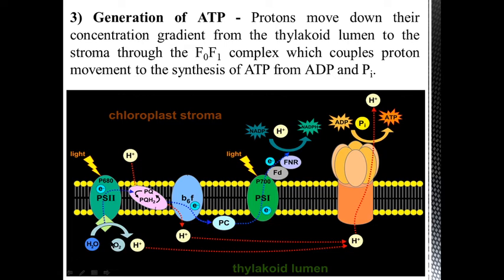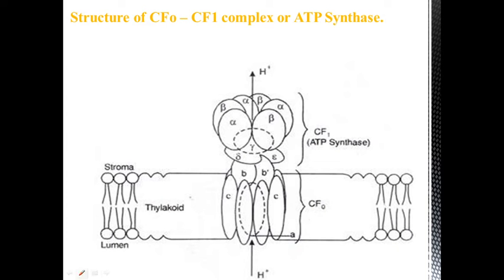And now these synthesized oxygen molecules are released towards the atmosphere, and the electrons coming from the breakdown of water molecules enter into this cytochrome system for preparation of various ATP molecules. Students, see, this is the structure of CF1 particles and CF0 particles present in the chloroplast.